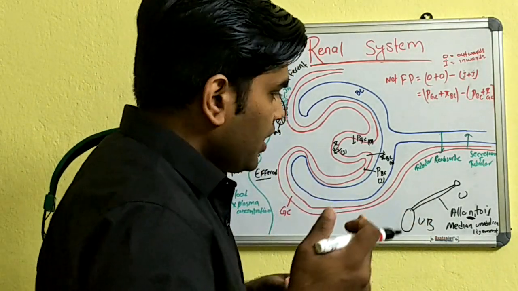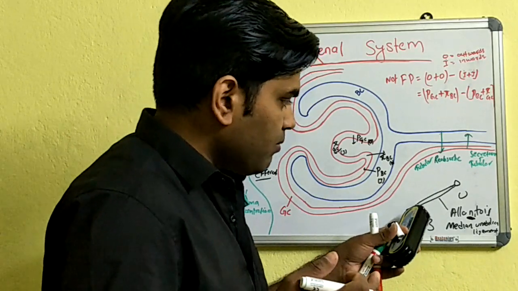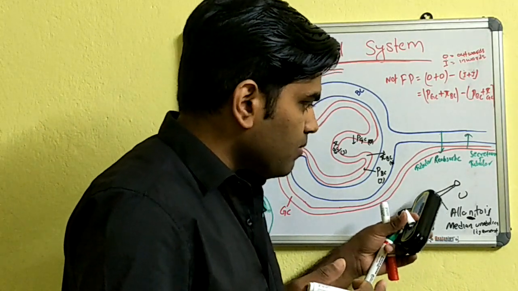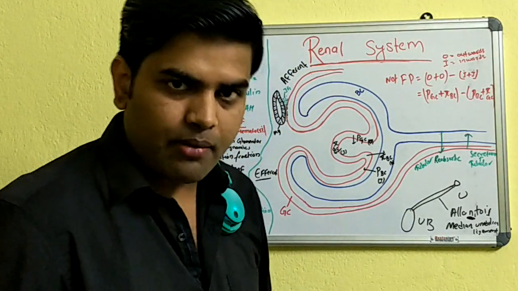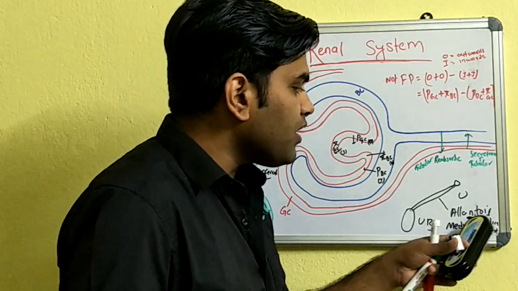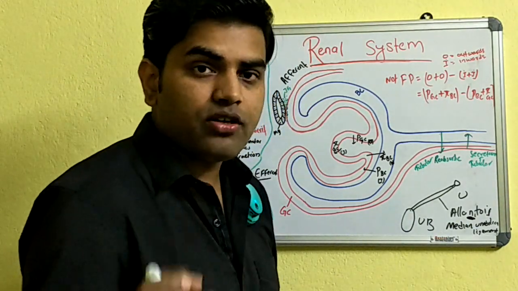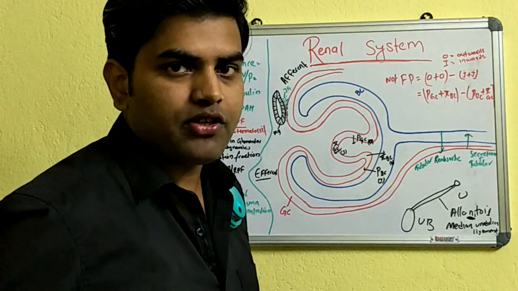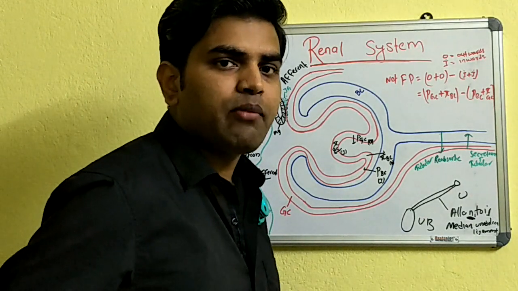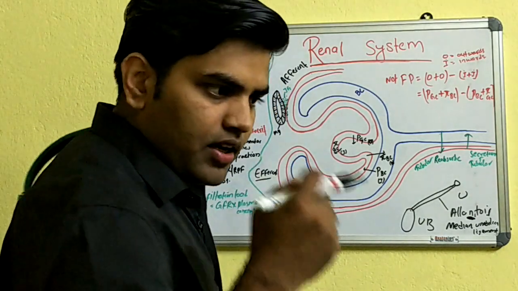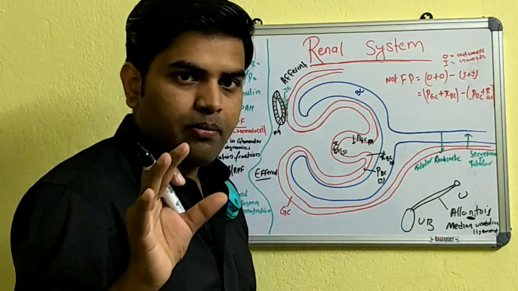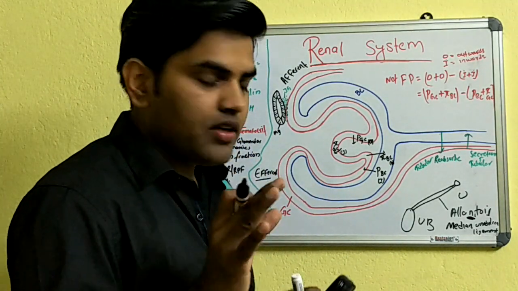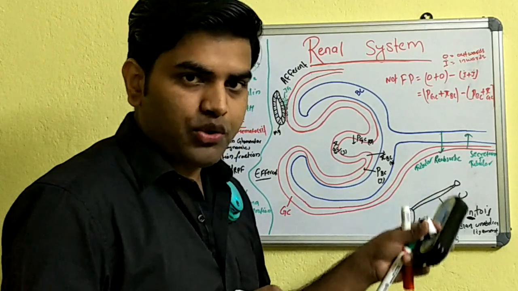If it is allantois or urachus, after birth it disappears and remains as the median umbilical ligament. There are also the medial umbilical ligaments. Don't get confused with them.